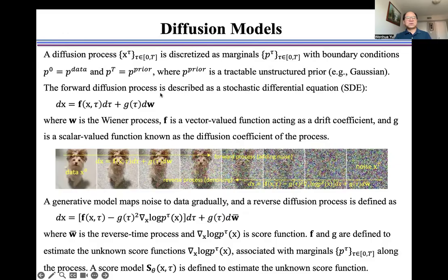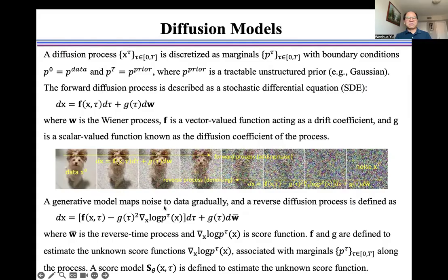The forward diffusion process is described as a stochastic differential equation, as shown here, where W is a Wiener process, f is a vector-valued function acting as a shift coefficient, and g is a scalar-valued function known as the diffusion coefficient of the process, as shown here. This is the forward process.